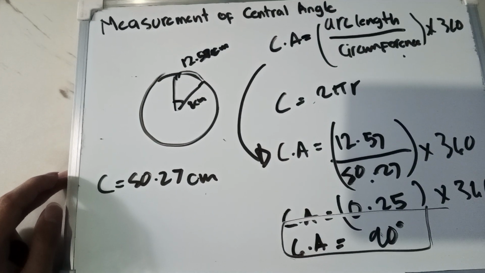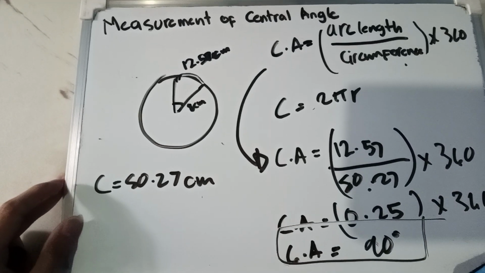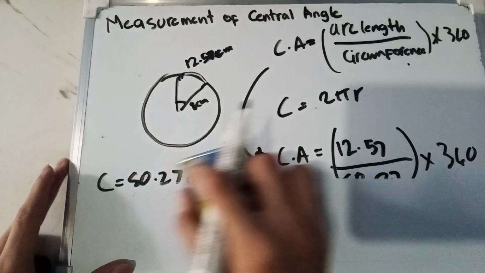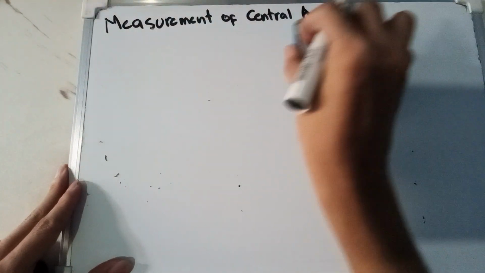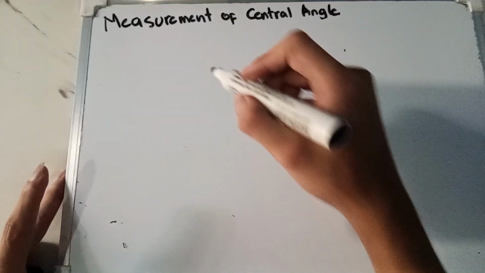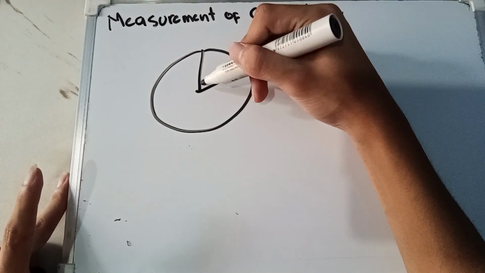So what if our given now is sector area? What will we do? Let's define first what a sector means. If you have a circle here, the sector is the region bounded by two radii.